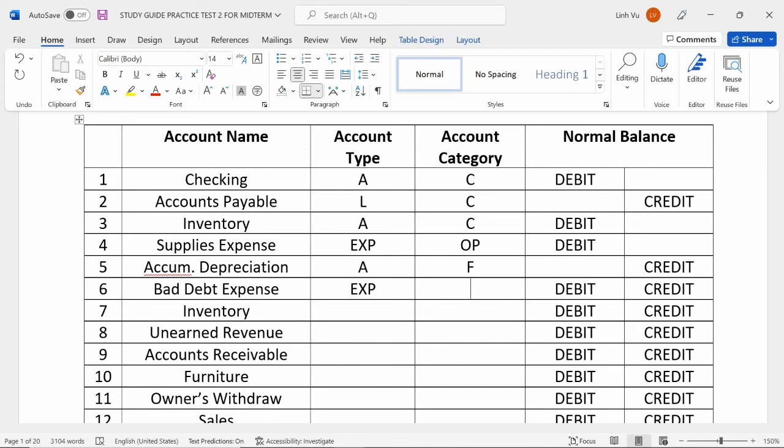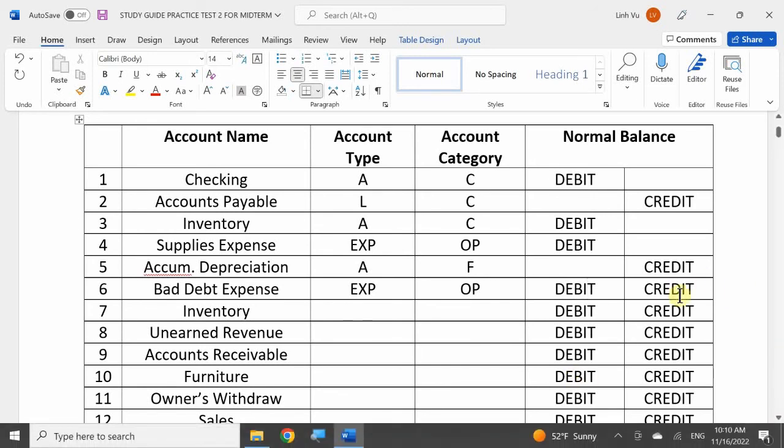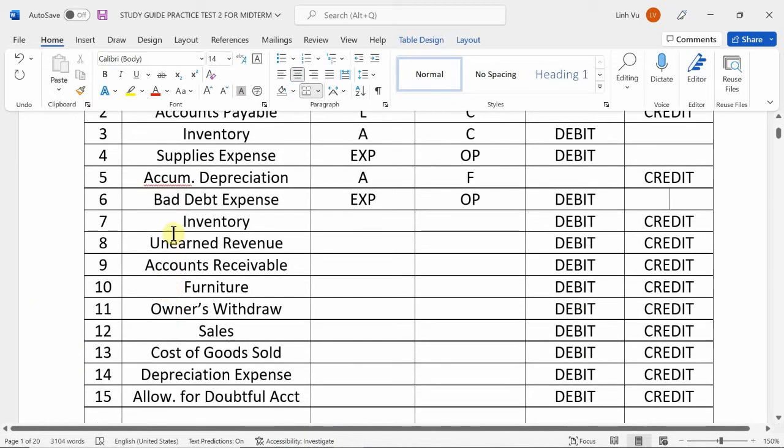So this is definitely for operations. And in this case, because it doesn't flow in the opposite direction, it's just a regular expense account. So in order to increase it, you're going to debit the account. We got inventory in here twice, so we could just skip that one.